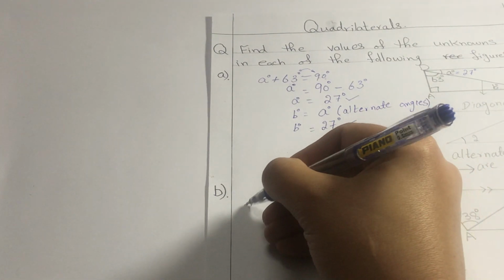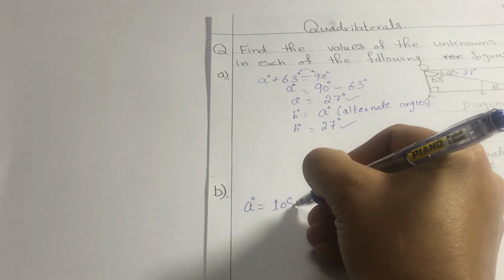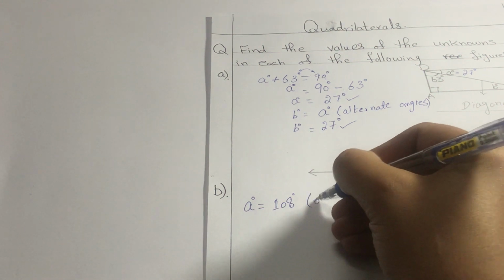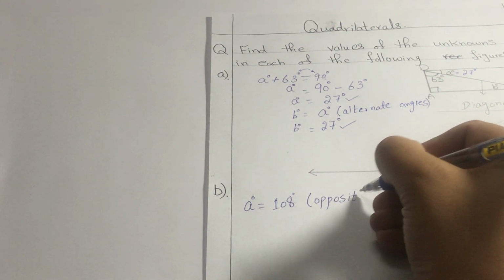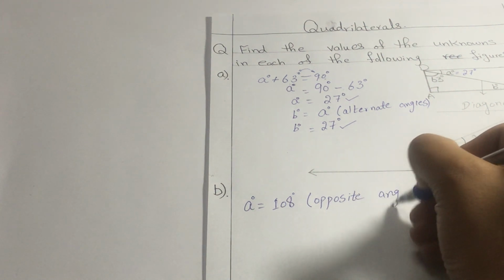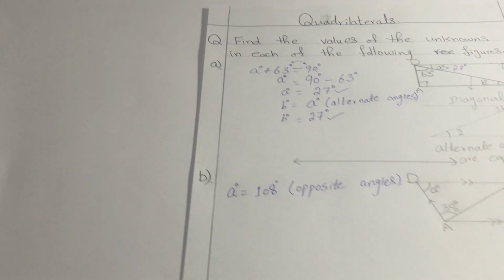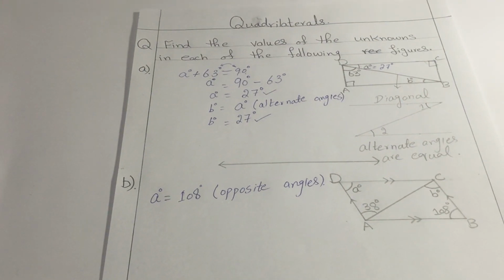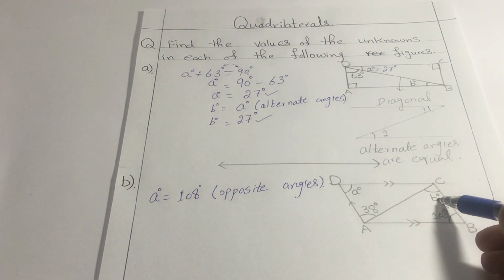Because these two are opposite angles. The next thing we need to find out is our second unknown angle, that is B degrees.